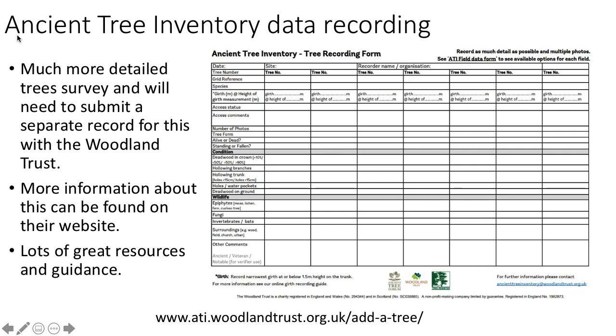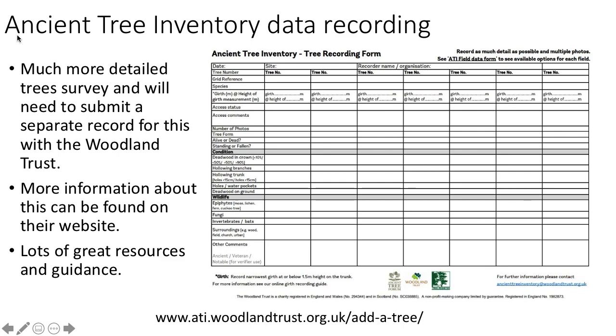So this is going to be a much more detailed tree survey, and you'll need to submit a separate record on the Woodland Trust website if you're interested in doing this. They have loads and loads of information on their website and lots of great resources and guidance, as I mentioned earlier. And I've just put the website down the bottom of the slide, www.ati.woodlandtrust.org.uk/add-a-tree/ and that will take you to the page for recording the trees that you find.